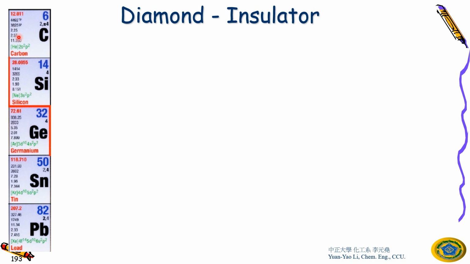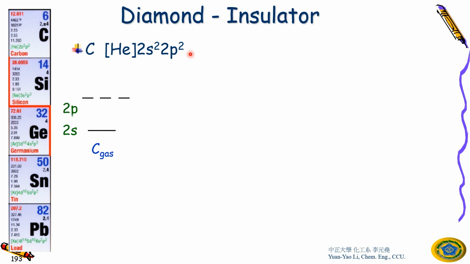This is group 14 in the periodic table, or sometimes we call it group 4A. Okay, this is carbon, silicon, germanium, tin, and lead. So the diamond, you know that because the diamond is sp3 hybridization. So you have 2s2, 2p2, right? And if you have one atom in the gas phase, this is the energy level, right? Energy states of 2s and 2p.